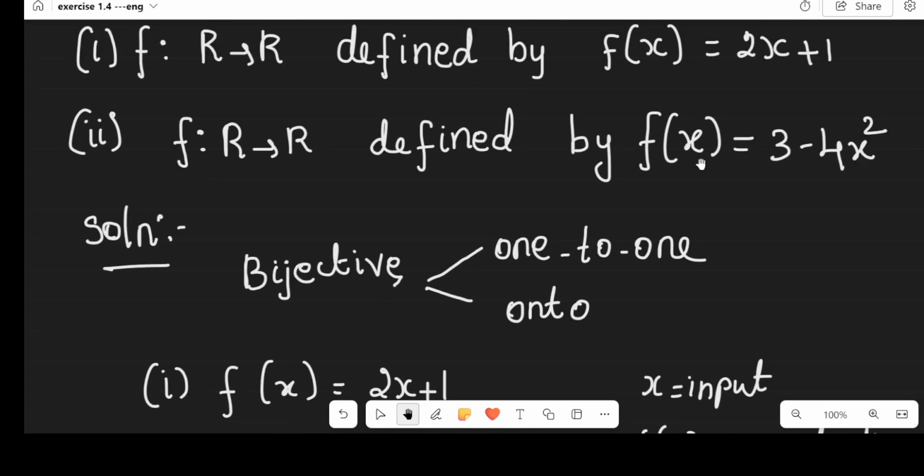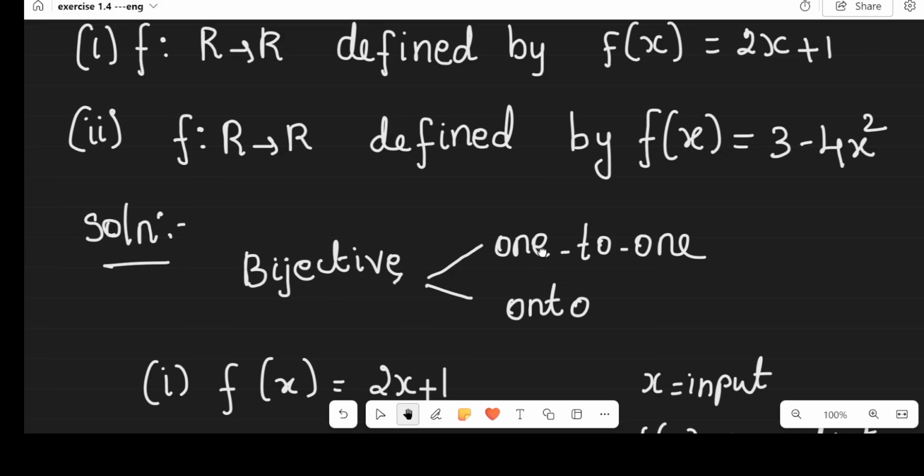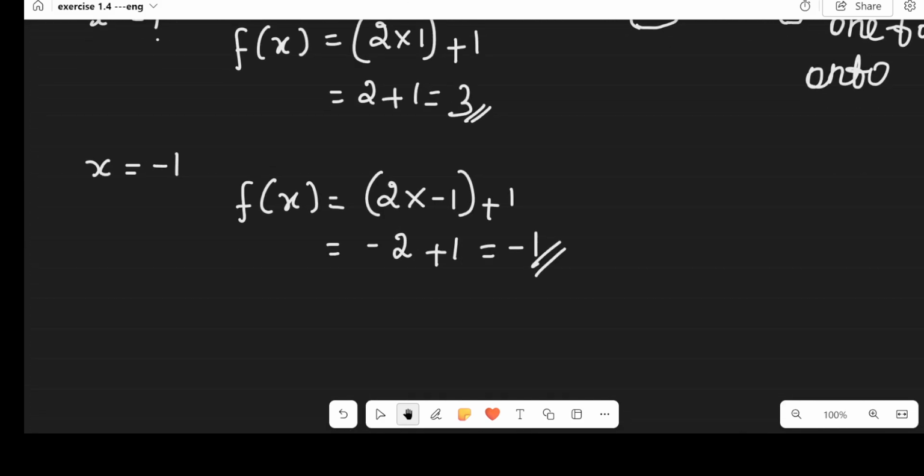The next function is f of x is equal to 3 minus 4x square.